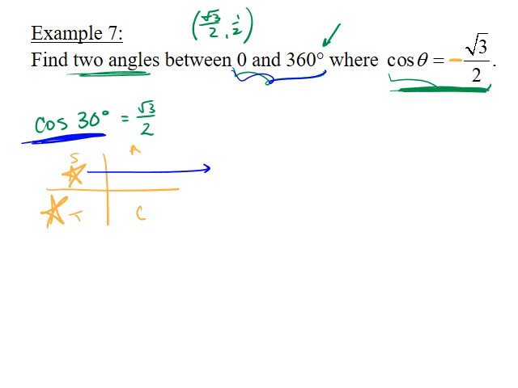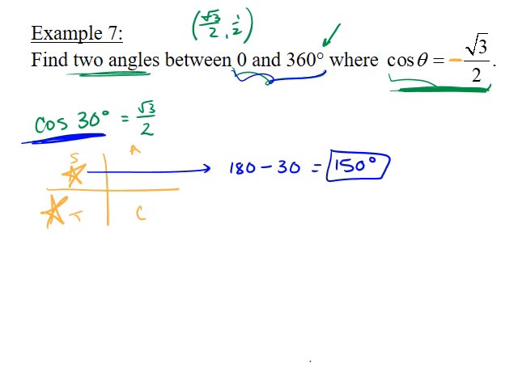So to find the angle in this quadrant, I will take 180 minus my reference angle of 30, which is equal to 150 degrees. 150 degrees does in fact have a reference angle of 30 degrees. So this is one answer between 0 and 360.